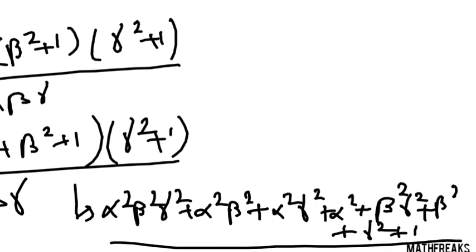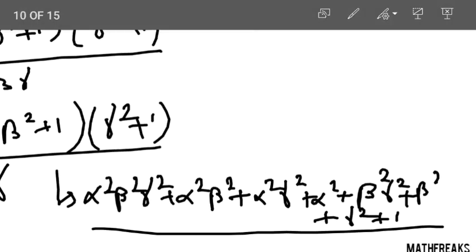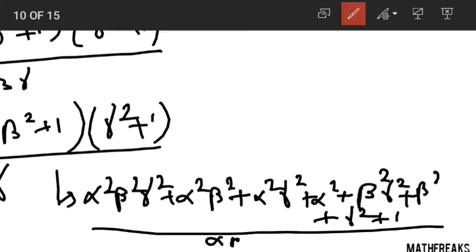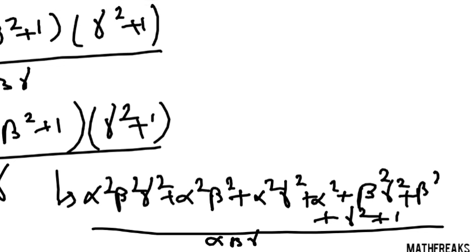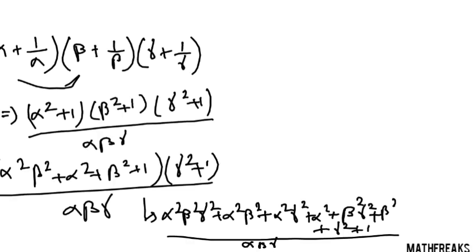I have no space. Okay, I have some. So this would be alpha beta gamma, right? So you see such a big expression.